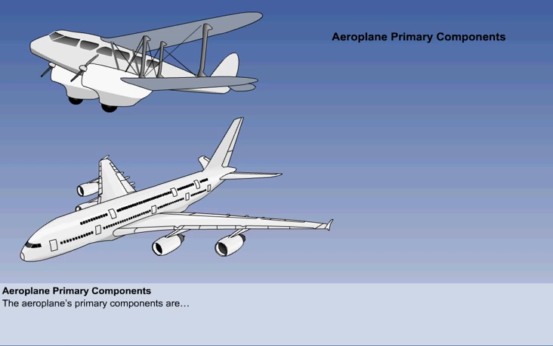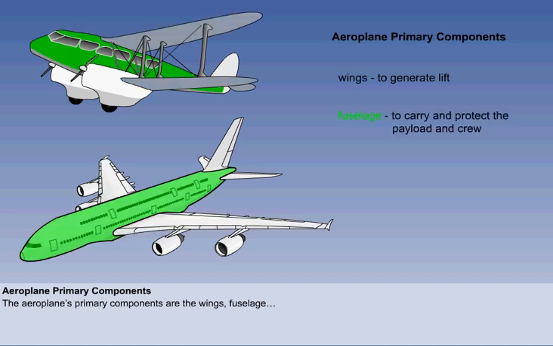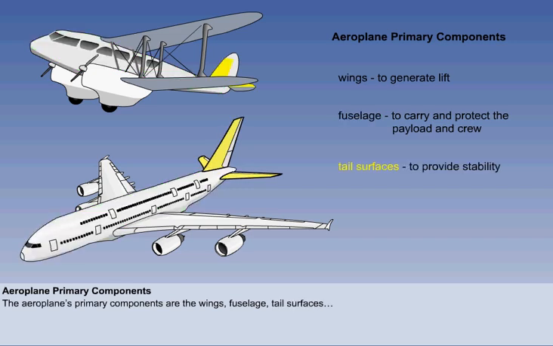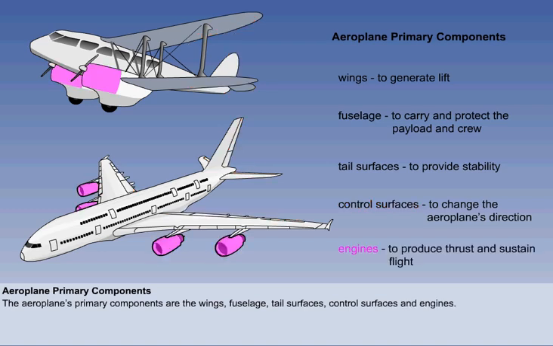These components are the wings, which generate lift, enabling the aeroplane to fly and remain in the air, the fuselage, which safely carries the payload and crew, tail surfaces, which are designed to give the aeroplane stability, ensuring that the aeroplane naturally flies in a constant direction, control surfaces, to change the direction of the aeroplane's flight and, when required, its position in the air, and engines to produce thrust, propelling the aeroplane forwards for the required duration of the flight.